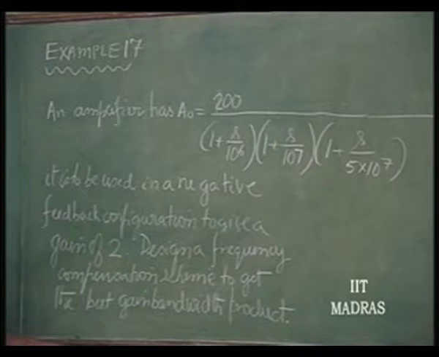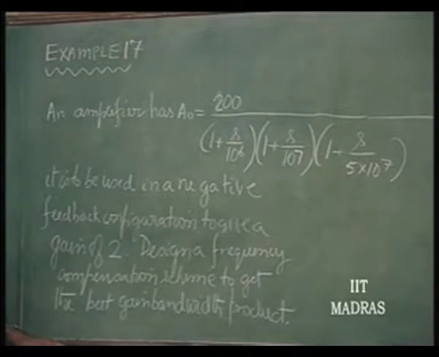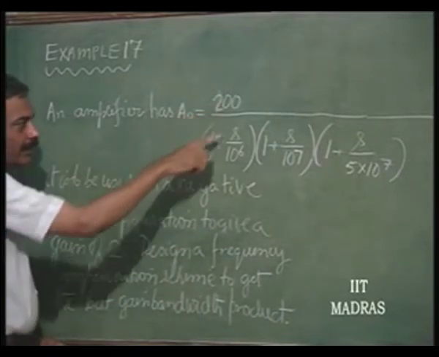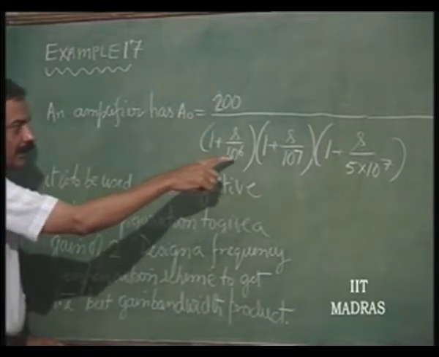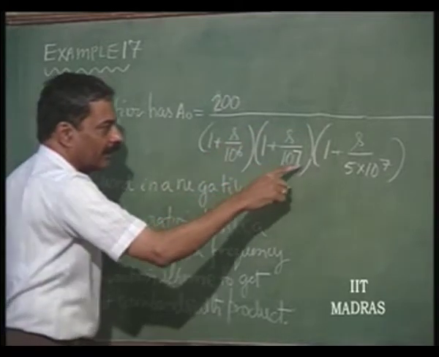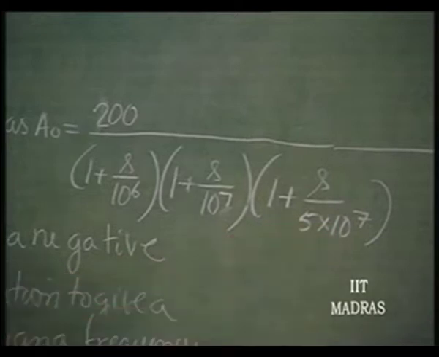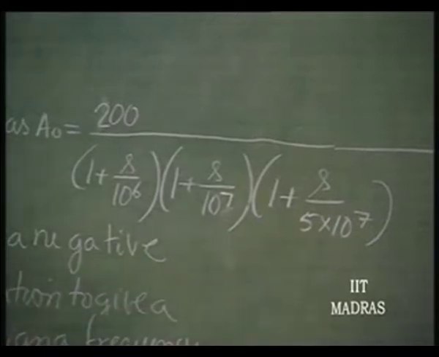Let us now understand this principle of widebanding in negative feedback structures by solving this example 17. An amplifier has A naught of this type: 200 divided by (1 plus s by 10 to the power 6) times (1 plus s by 10 to the power 7) times (1 plus s by 5 into 10 to the power 7), this kind of 3 pole.